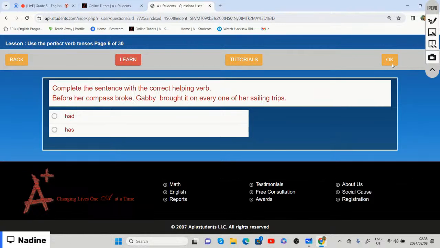So we must either choose had or has. So before her compass broke, do we say Gabby had brought it on every one of her sailing trips, or Gabby has brought it on every one of her sailing trips?